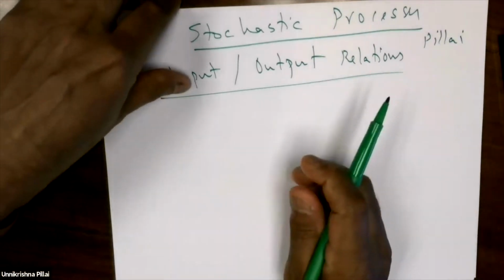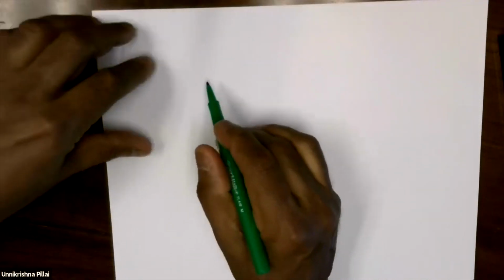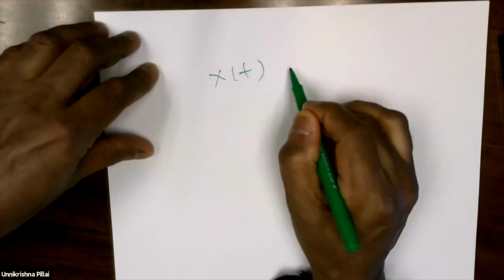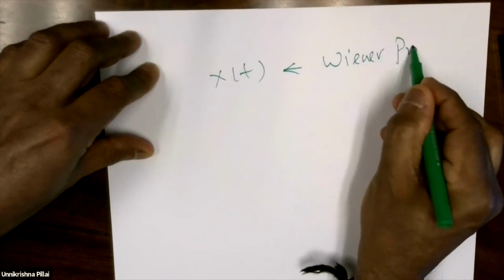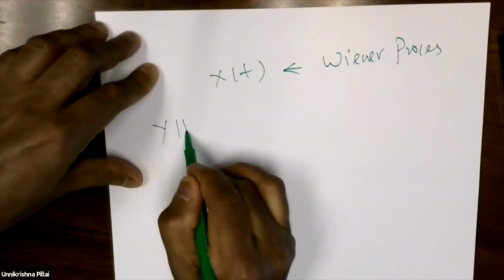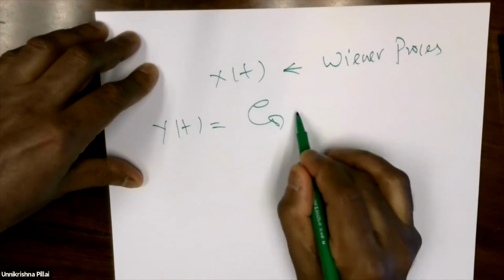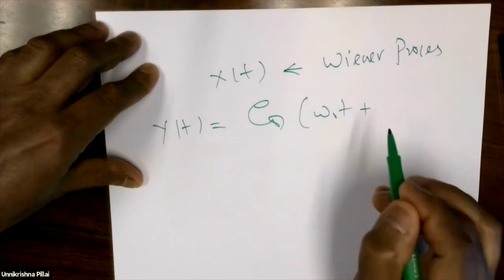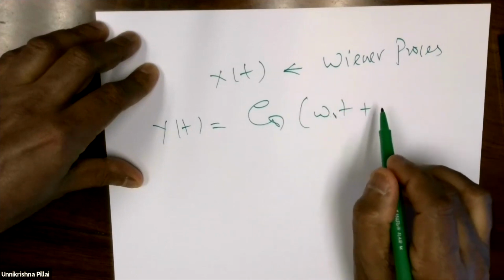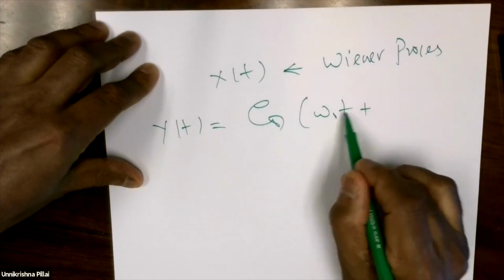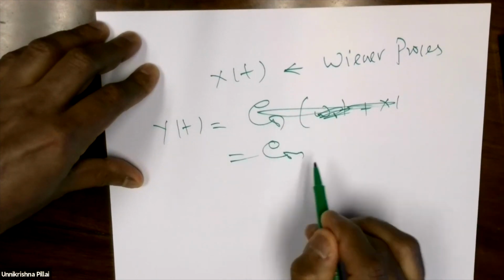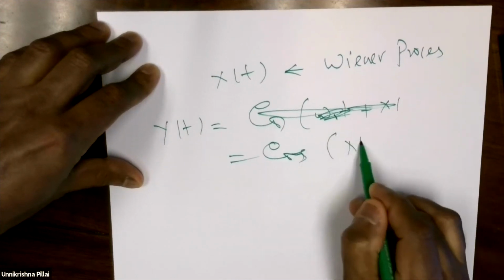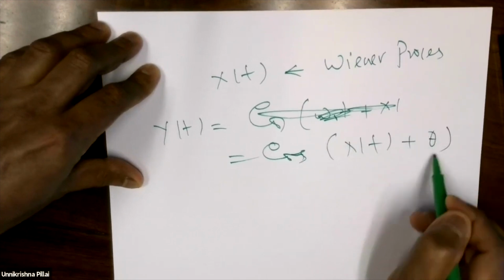So this is a problem I'd like to ask you. X of t is, as you said, a Wiener process. Take this problem down and see whether you can find out: Y of t equals cosine of x of t plus theta.